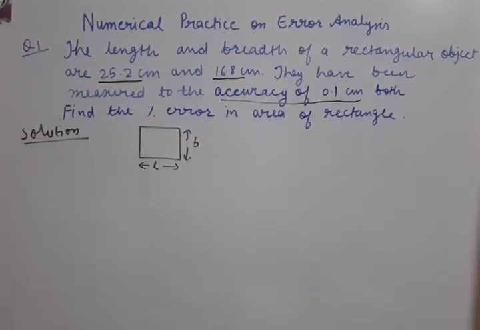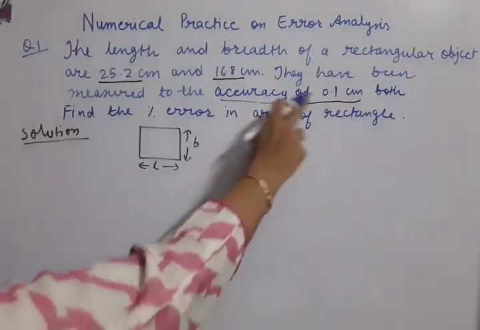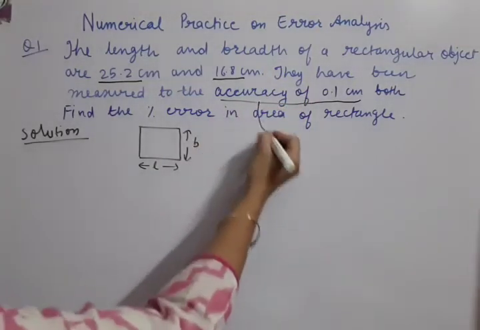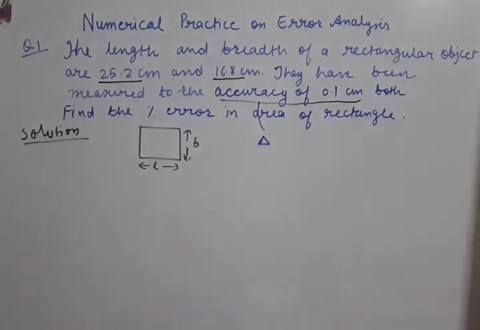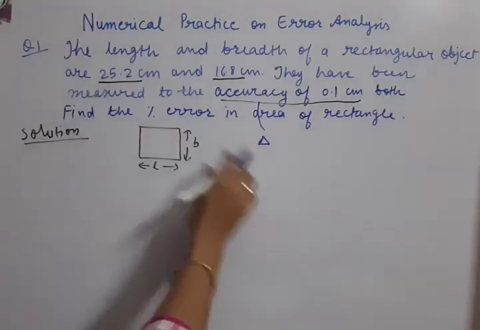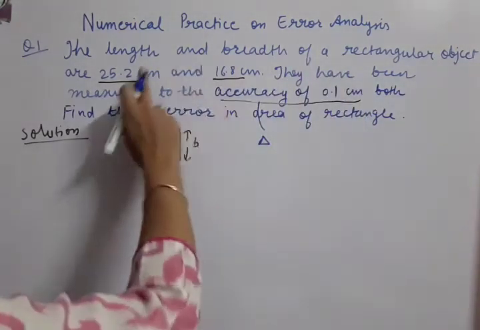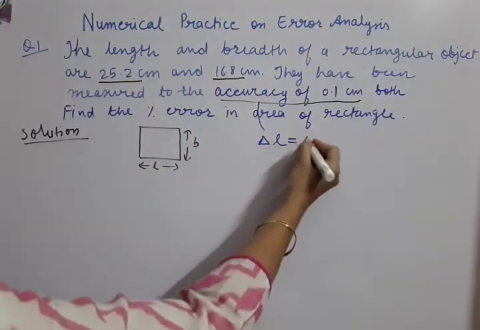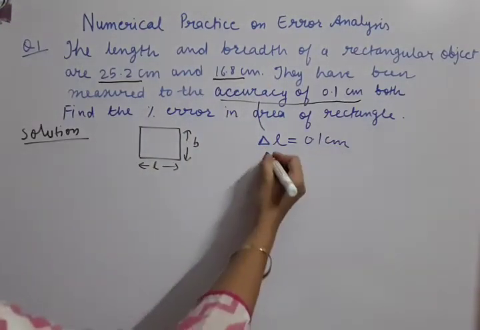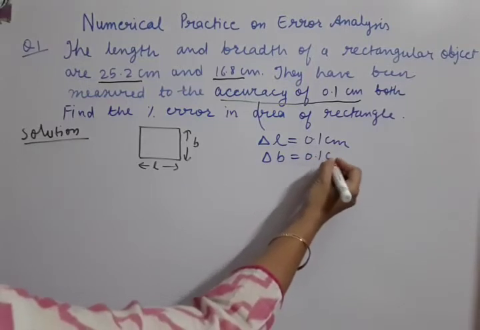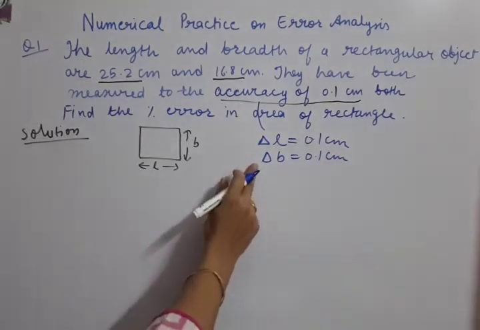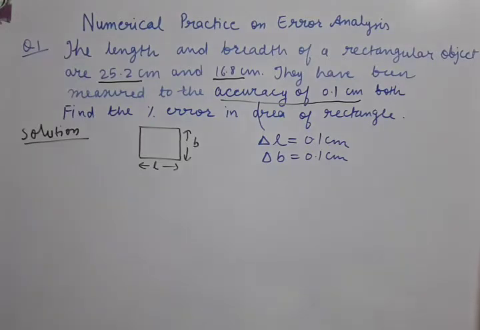Whenever this accuracy term appears, that means this term is delta. Delta means absolute error. So in both length and breadth, the absolute error is 0.1. So we can call delta L and delta B as 0.1 centimeter.